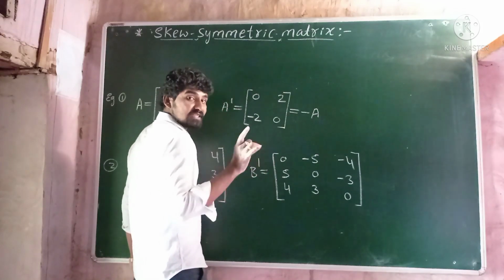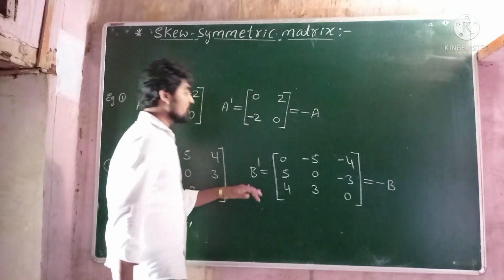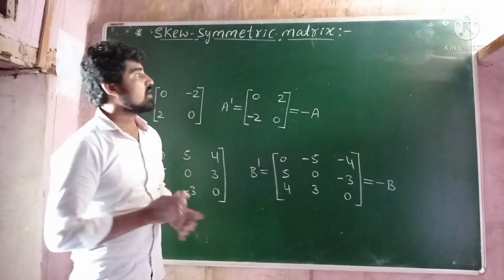Therefore this matrix B dash is equal to minus B. Hence this matrix B is called one of the skew symmetric matrix. I hope all of you understood.